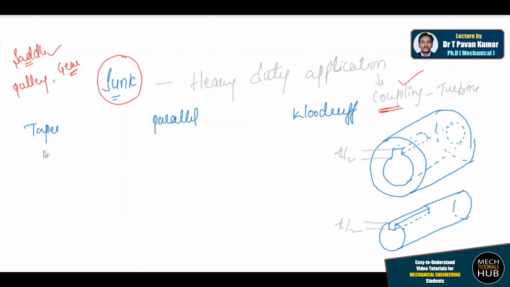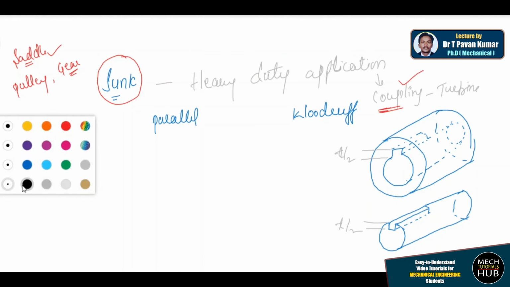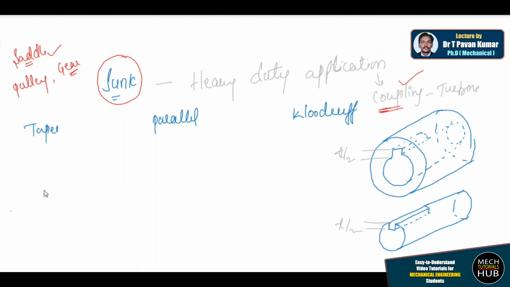Okay, and coming to the 3D representation of a taper sunk key, it is going to be of this kind. There will be a length followed by a thickness and a slant edge of 45 degrees and a horizontal. This is how it is going to be, with some width.